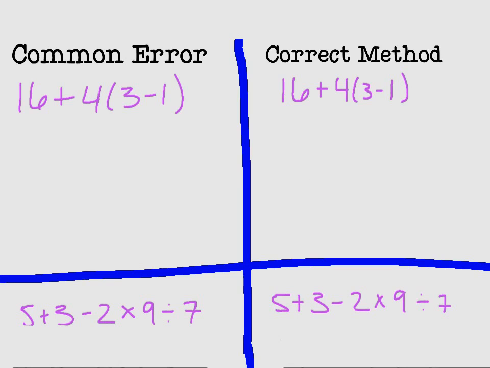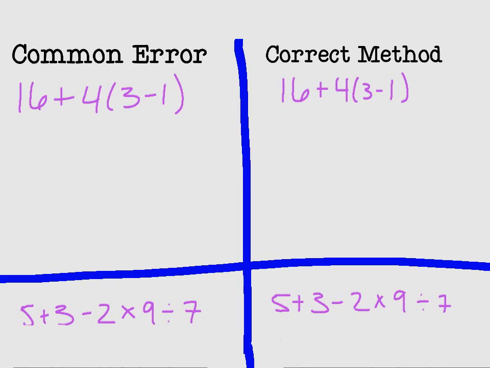So, next page, looking at 5. There are common errors that we run into with order of operations that kids seem to do all the time. Now, the first two are about running through the problem and thinking, I'm just going to go from left to right, because you have in your mind addition is left to right.